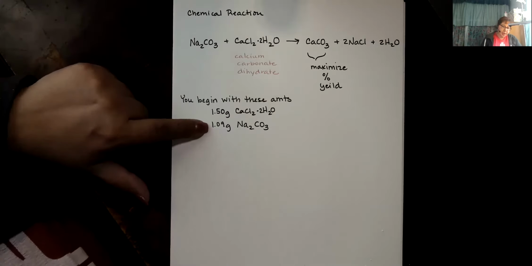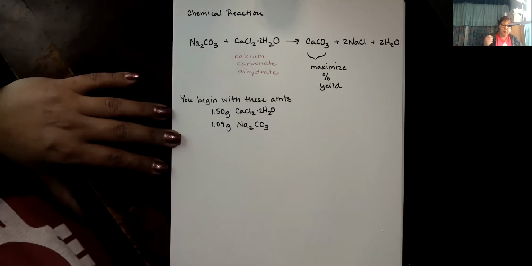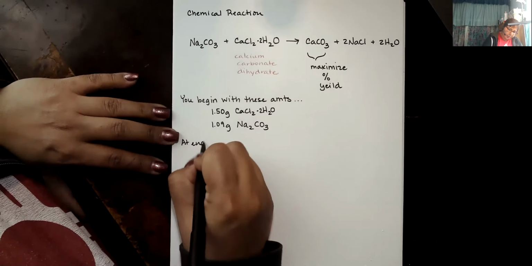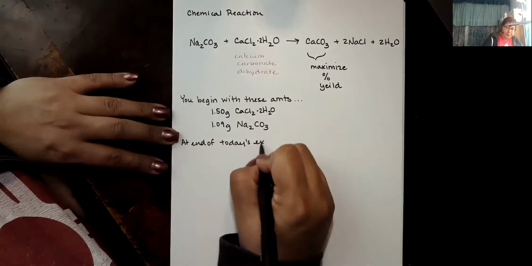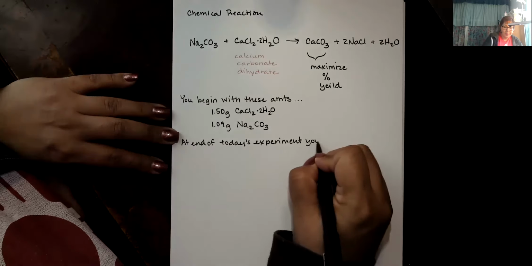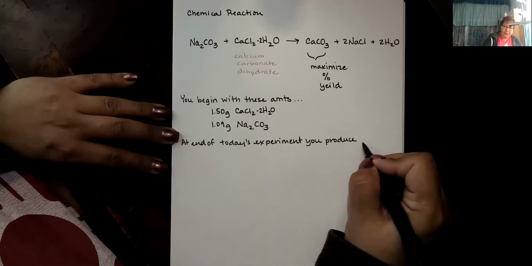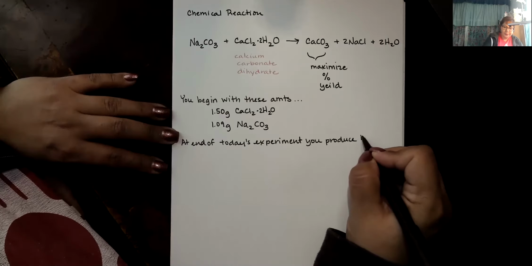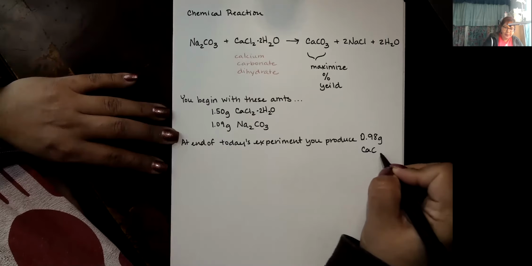So let's say you start out with these amounts and you conduct today's experiment. Okay, at the end of today's experiment, you produce, well, let's say you produce 0.98 grams of calcium carbonate.